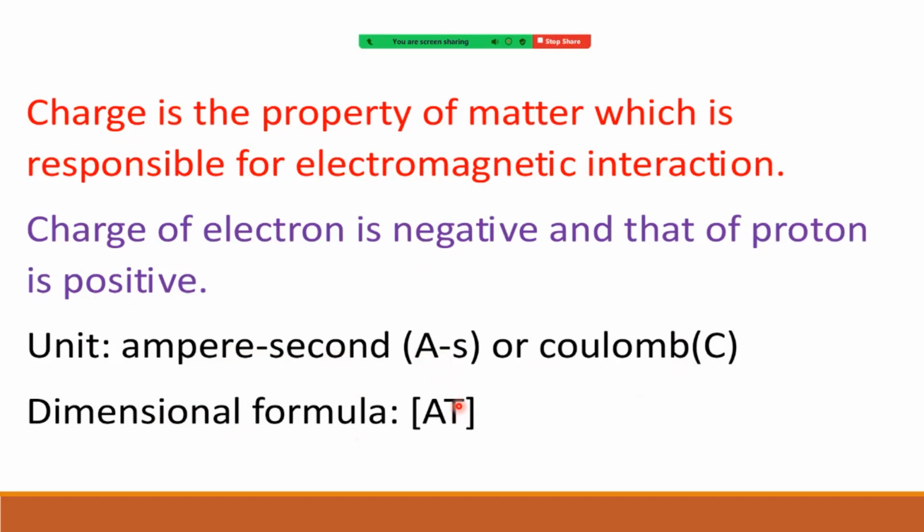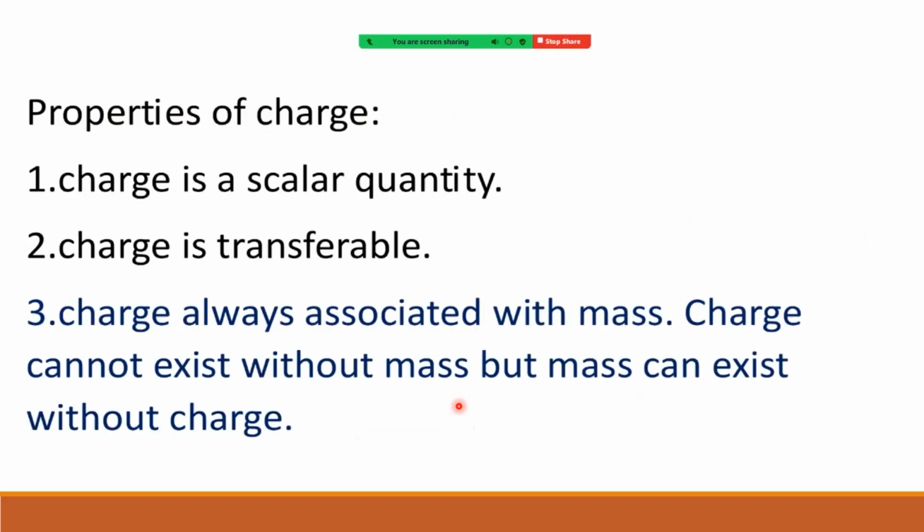Right. Now see some properties of charge. Charge is a scalar quantity. You know what is the meaning of a scalar? Charge is transferable, meaning we can transfer charge from one body to another body. Let us say initially one body is neutral.